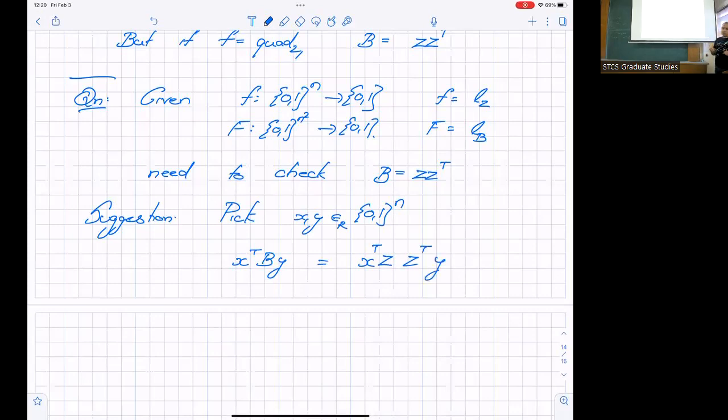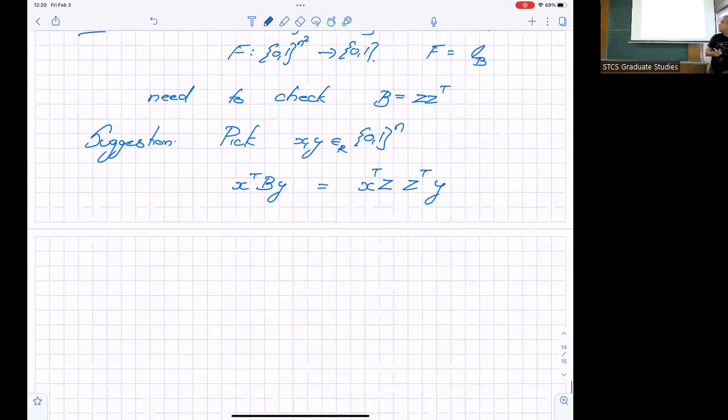Let's check this. I want to claim that x transpose B y is the same as B inner product with x y transpose, and this is the same as (x·Z)(y·Z).